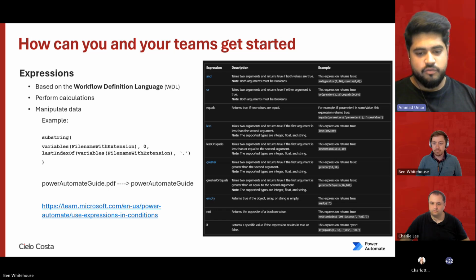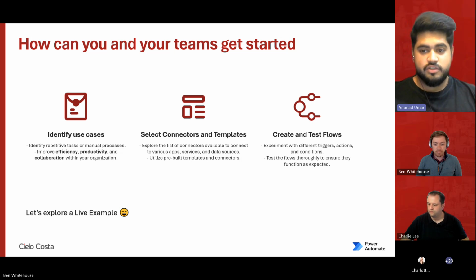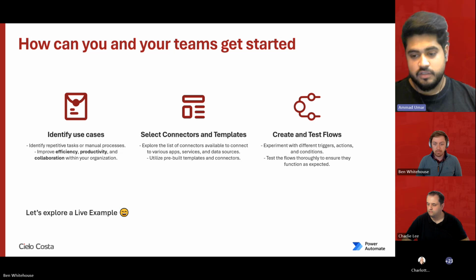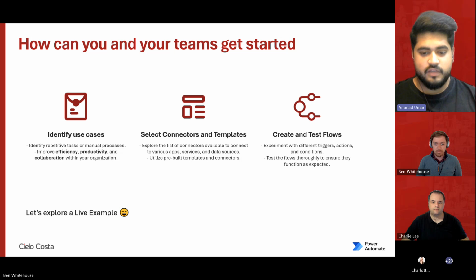So moving forward, we can discuss the approach to get started with Power Automate development. So what we can do is you can brainstorm with your team to identify the areas where the automation can improve efficiency, productivity within your organization. You could look for any repetitive tasks, any manual processes that you have that can be automated.